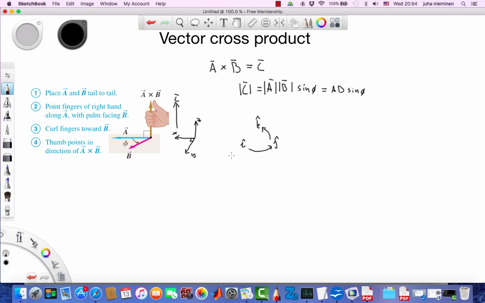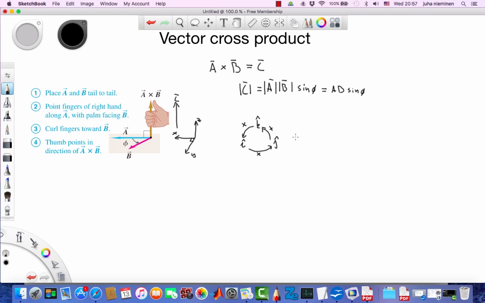Also, if we now see what is j times k, we could curl our right hand fingers from the y-axis towards the z-axis, and we notice that our thumb is pointing to the x-axis. So this is saying j cross k is i, and also k cross i equals j. So let's put those crosses there, like this. This is a handy little rule for determining the simple cross product between the coordinate axes.